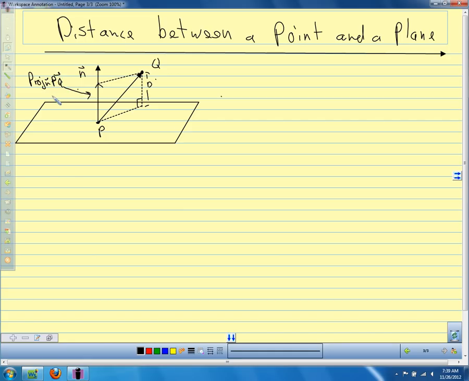And our distance is the magnitude of that projection. So D is the magnitude of the projection onto N of our vector PQ.